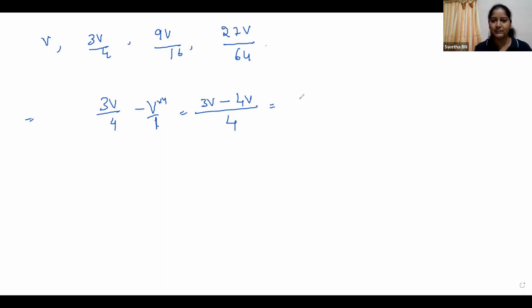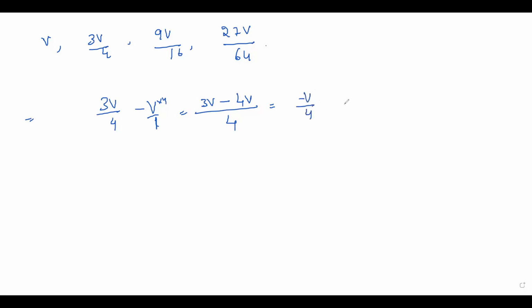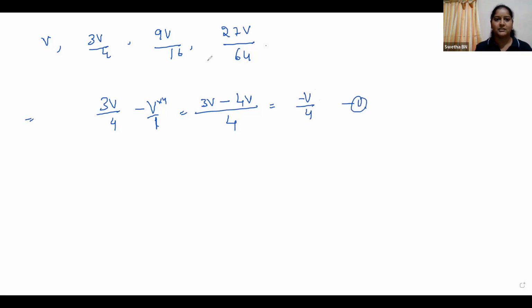Minus V by 4. So this is 1. Okay. So next I will take A3 minus A2. If we get the same answer, we can say yes, they are in progression. Okay, if the difference is not the same, it is not in progression.